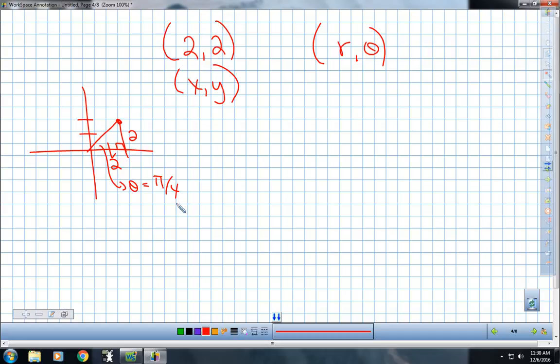It is radical 2 times the leg. So this is 2 radical 2. If you remembered that to get from the leg to the hypotenuse, you multiply by radical 2. So that means that r is 2 radical 2, and theta was pi over 4.